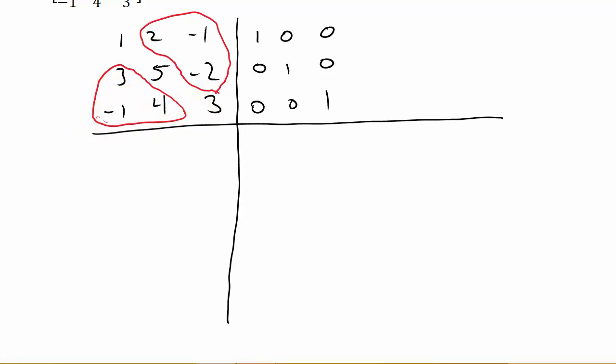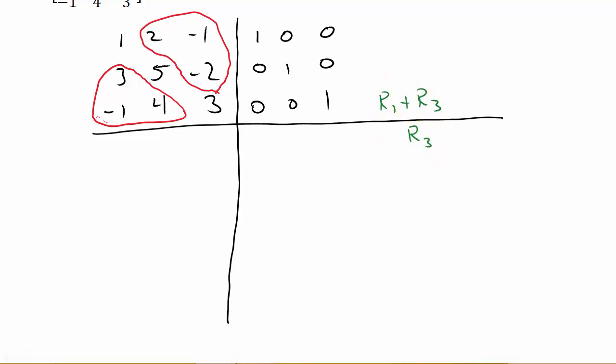So let's write down what we're going to do. I'm going to do row 1 plus row 3, and I like to write the row I'm replacing down here. I'm going to replace row 3 with this sum.